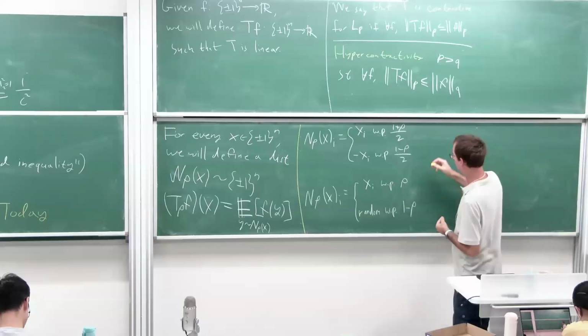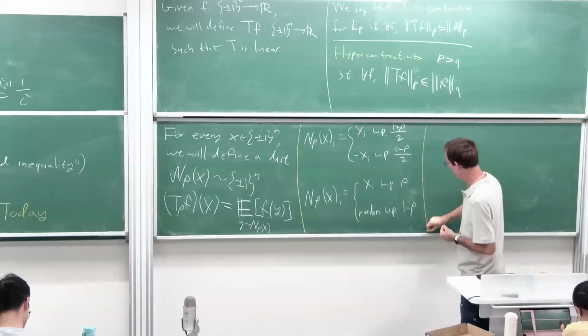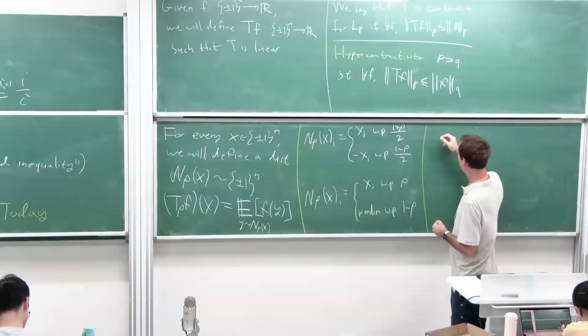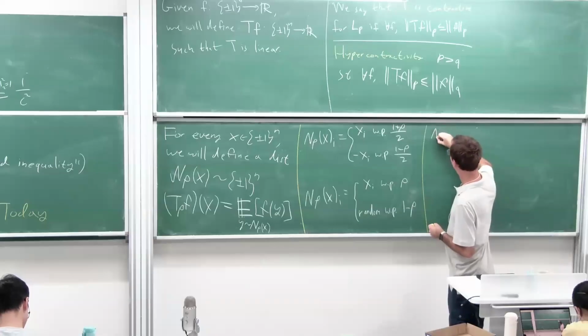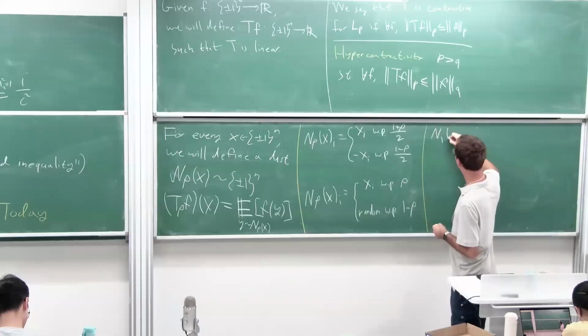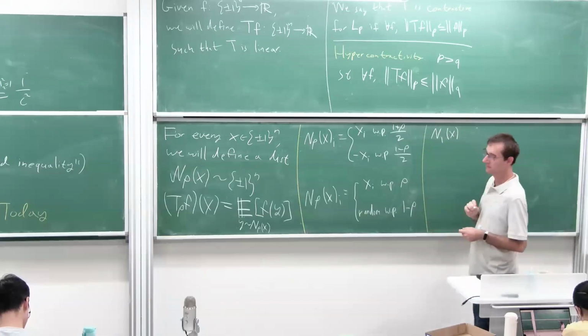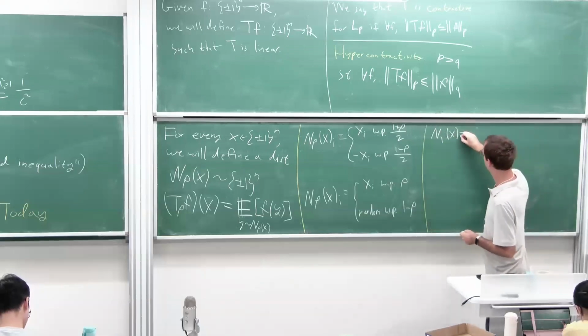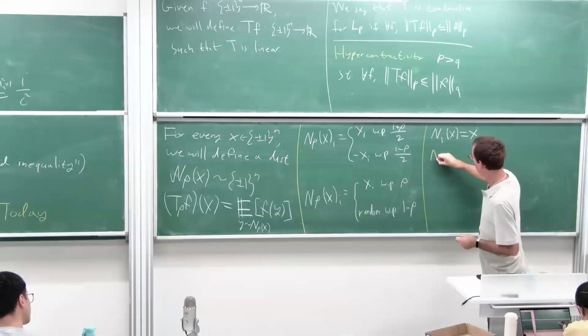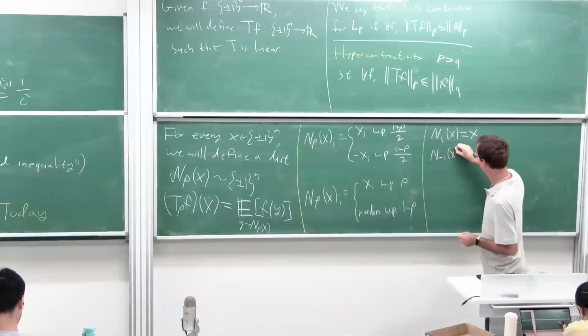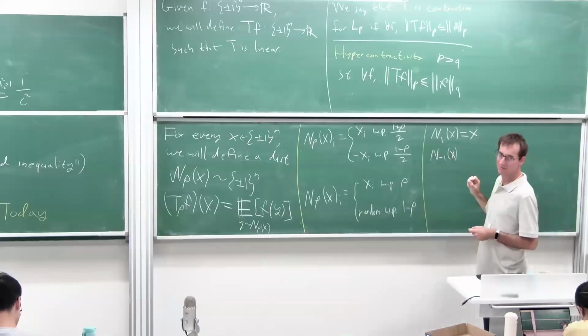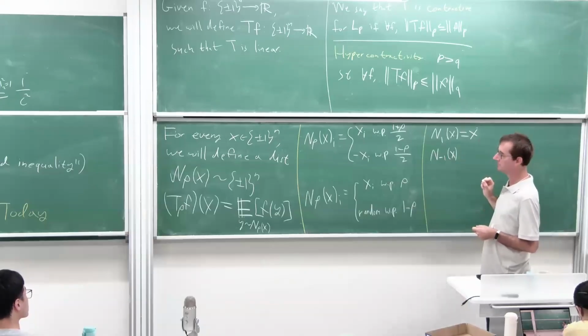Okay, and now let's take some extreme examples. What is N_1(x)? x. Okay, what is N_minus 1 of x? No, we'll also do 0.